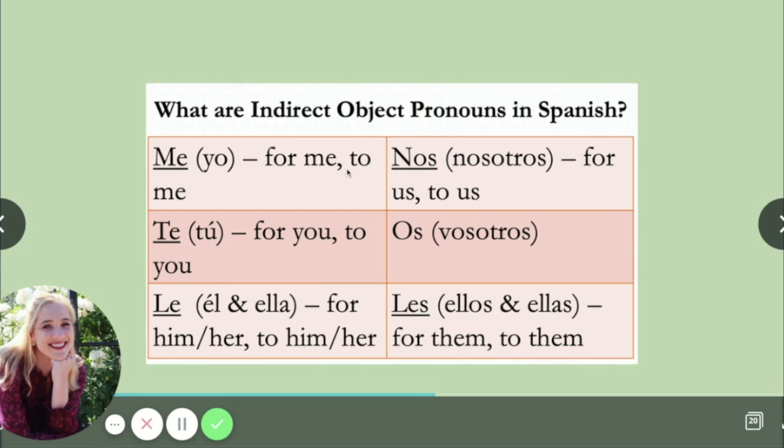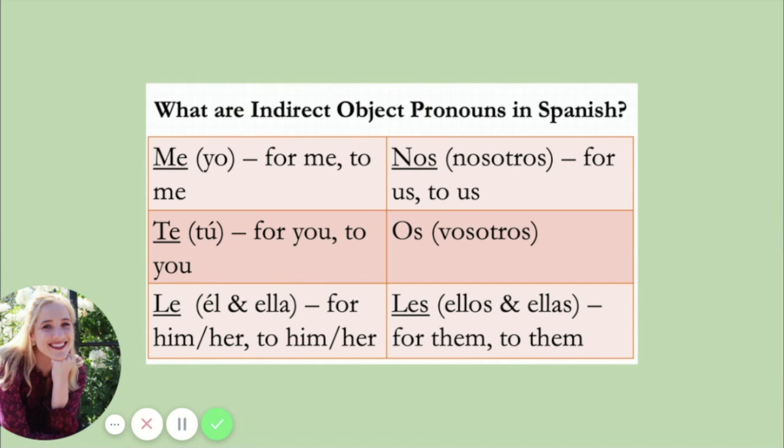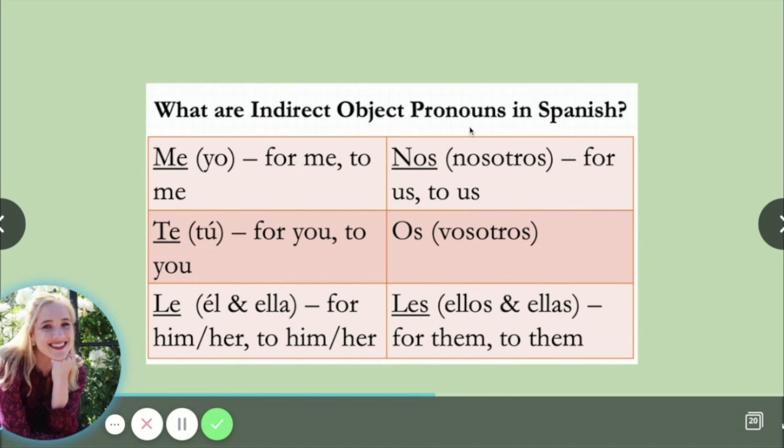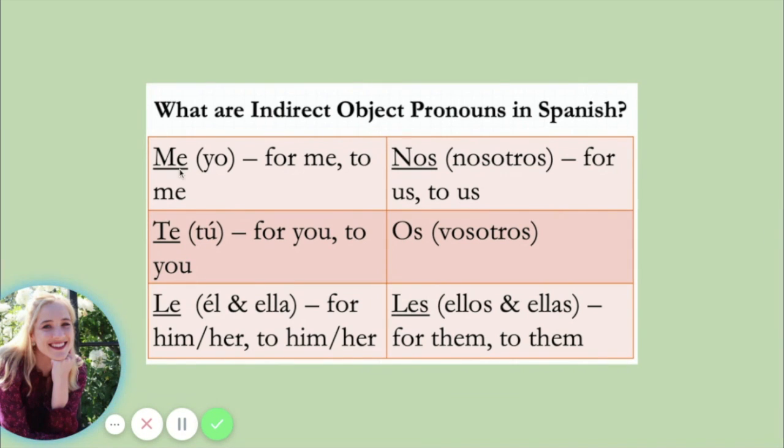So in Spanish, this is one way that it's a little bit different than English. In English, we can say to him instead of to Derek, right? We can shorten it that way. We can shorten it even more in Spanish. We can use indirect object pronouns. So these are going to be me, te, le, nos, os, les.